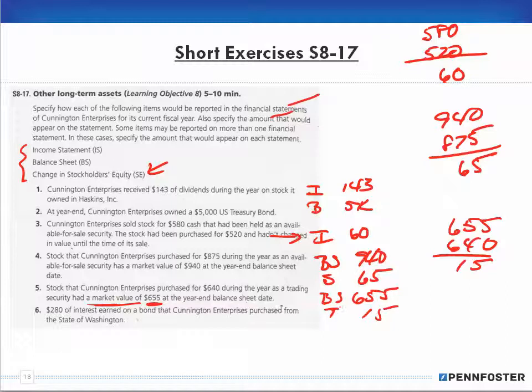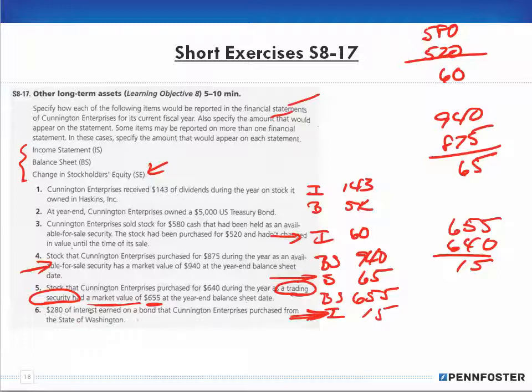Because this is a trading security, that's why it ends up on the income statement instead of in the equity. The difference between 4 and 5: they purchased number 4 as an available for sale security, which is why it ends up in the change in stockholders' equity. But because this is a trading security, it ends up on the income statement.